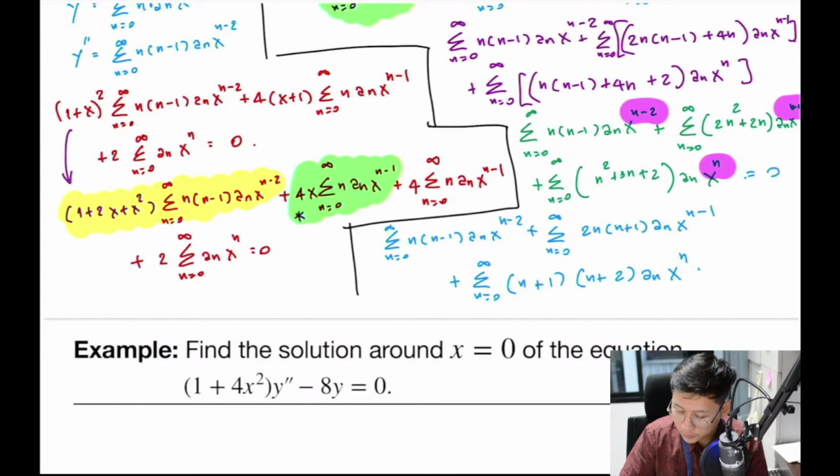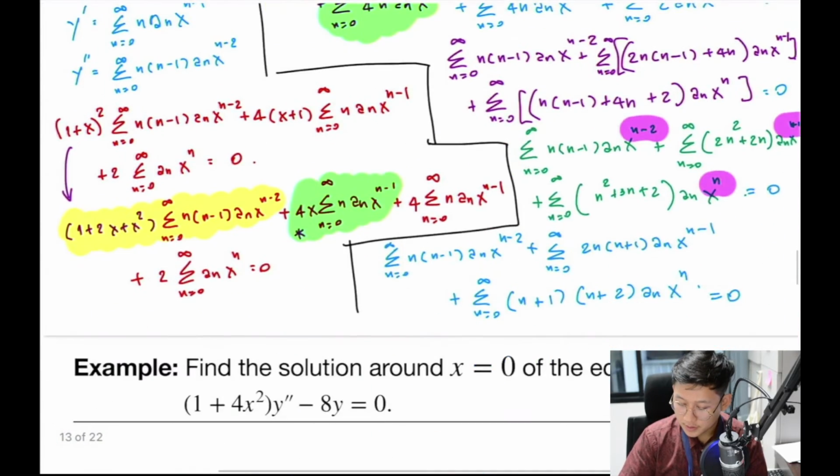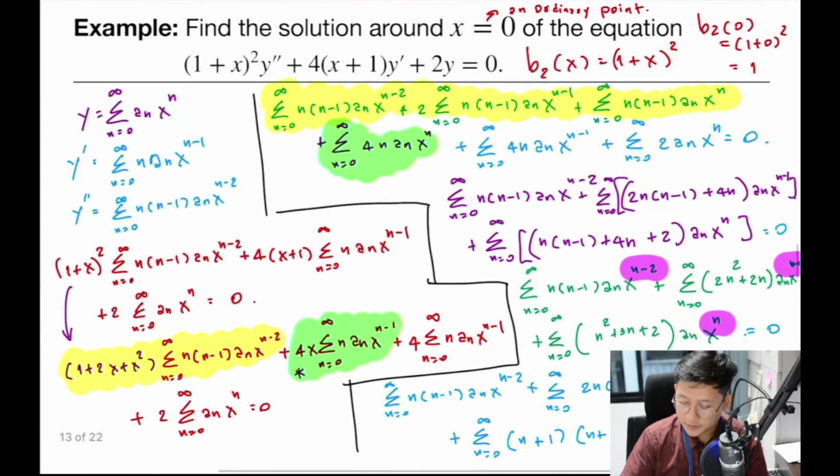Okay, that equals 0. I forgot to write. Let me factorize it first, and then I'll get a new page.